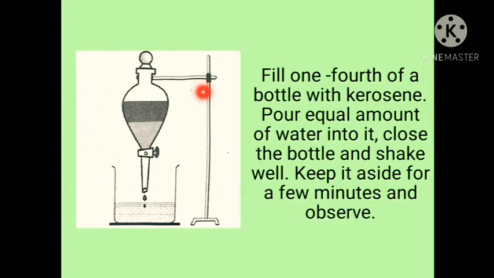Now what would be the reason for these two liquids staying apart? Because the density of kerosene is low, it stays at the top, and the density of water is high, so it stays at the lower part of this separating funnel.